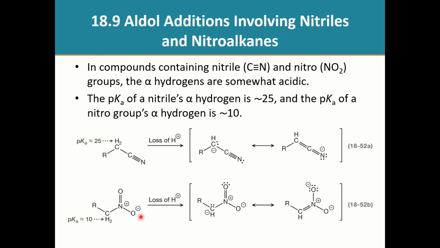Okay. Now the reason why this works is that if the nitrile has hydrogens on this carbon right here, it will work. And these hydrogens here are relatively acidic. So on the nitrile, this hydrogen's acidic, and on the nitro, these hydrogens are acidic, and you can see the pKa's.